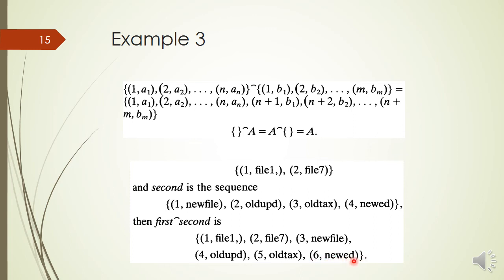The index of the last element is calculated from the last index of the first sequence and the last index of the second sequence: 2 plus 4 is equal to 6. So in this way we can calculate the indexes of elements in the combined sequence by applying the concatenation operator.